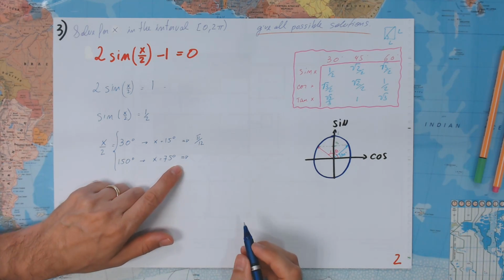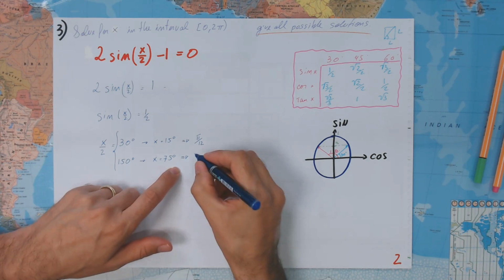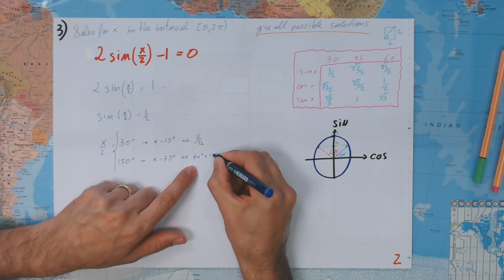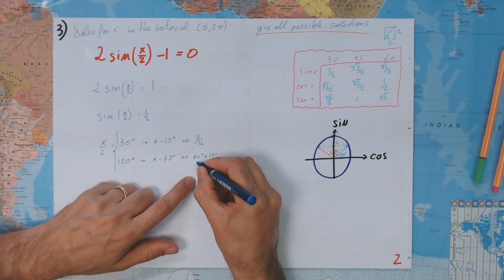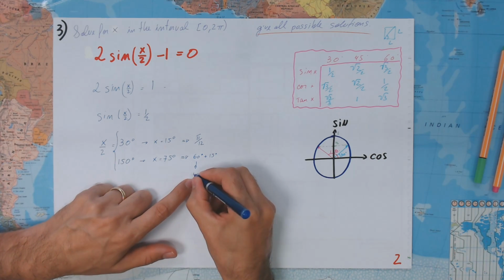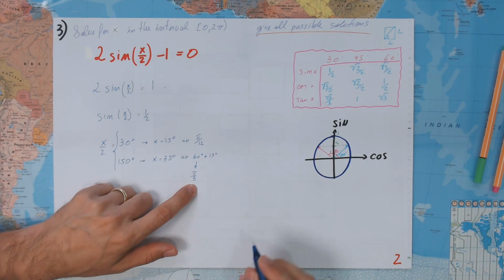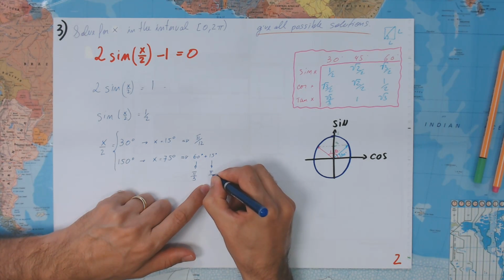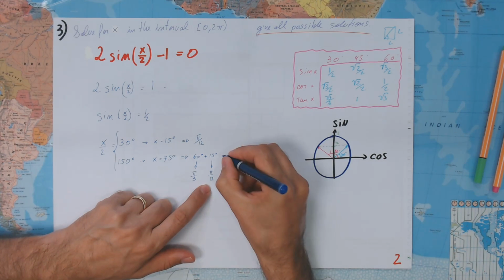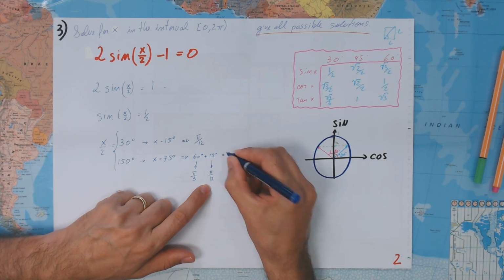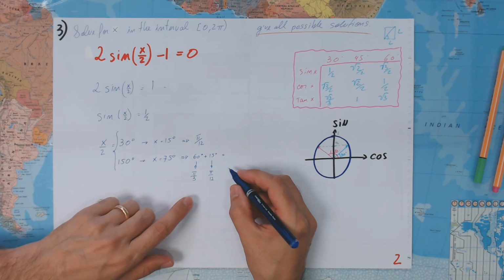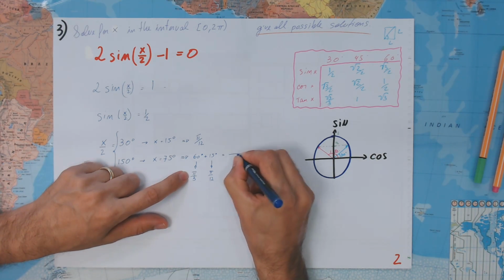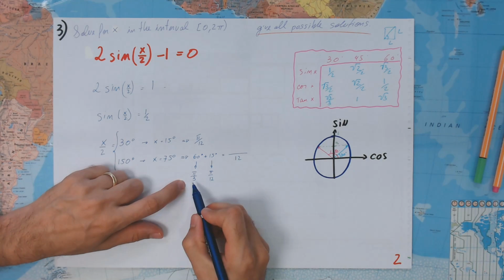Okay, now, how to get 75 degrees? Well, I always do this. I know that 75 is just 60 degrees plus 15 degrees. 60 degrees is pi over 3, and 15 degrees is pi over 12. If we just make everything over 12, okay, so 12 by 3 is 4.